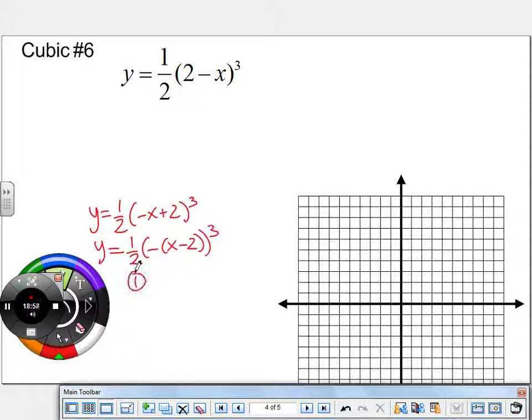And the only thing that might change a little bit is your graph. So we have our horizontal reflection. We have a shift right 2 again. And then we have this vertical compression.